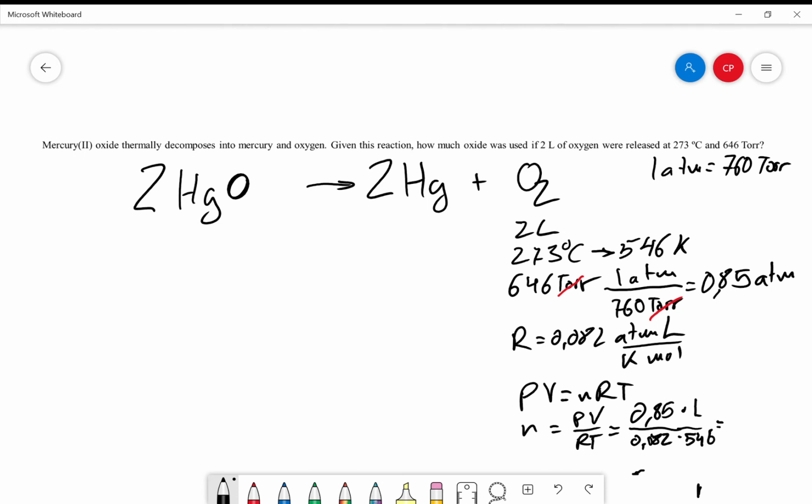And that produces a number of moles of 0.038 mole of oxygen.